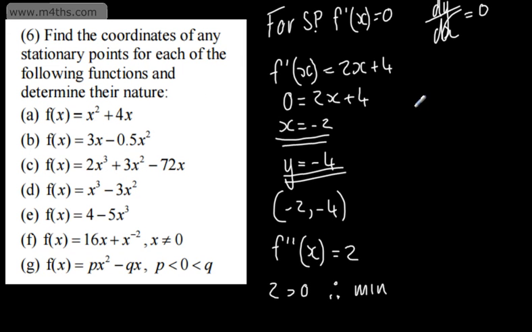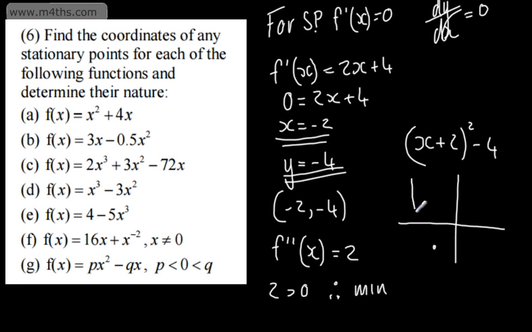As stated, you could have completed the square, and we could have said that this was (x + 2)² and then we would subtract 4. So if we sketch this parabola, we would have this minimum point, we'd move 2 to the left and 4 down, and it would look something like so. That point would be (-2, -4), and that is a minimum.